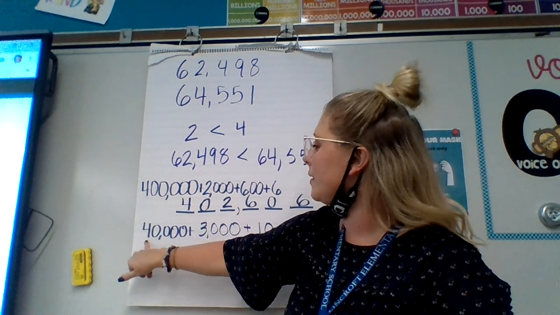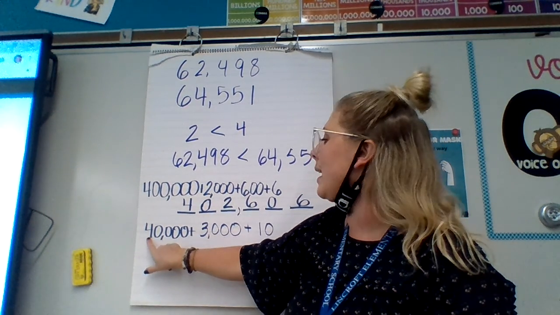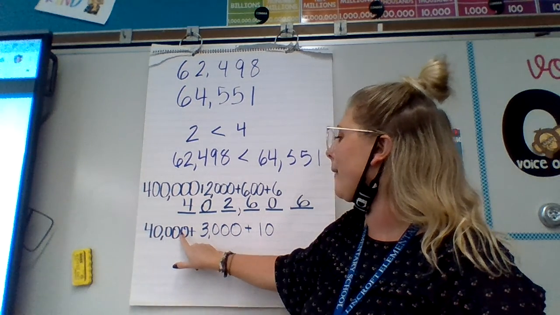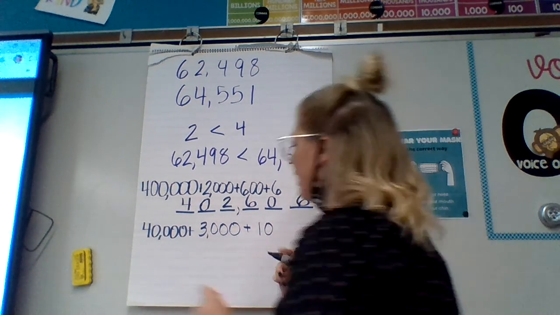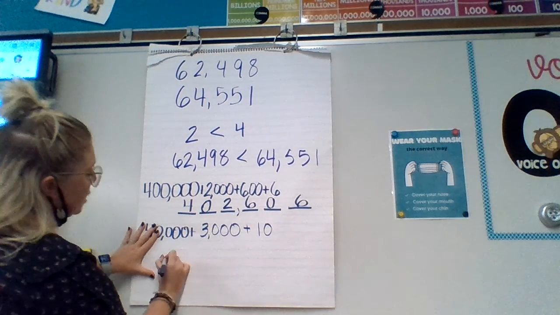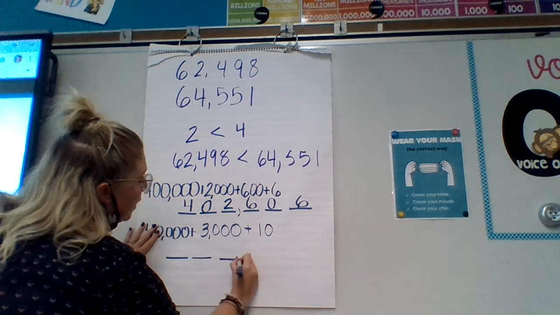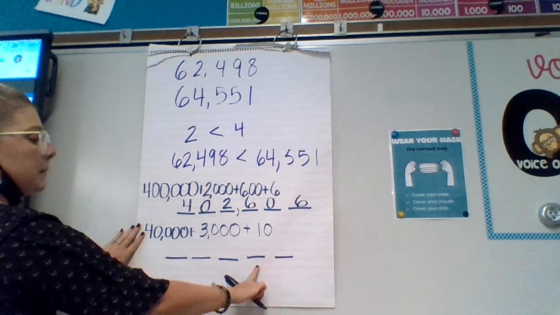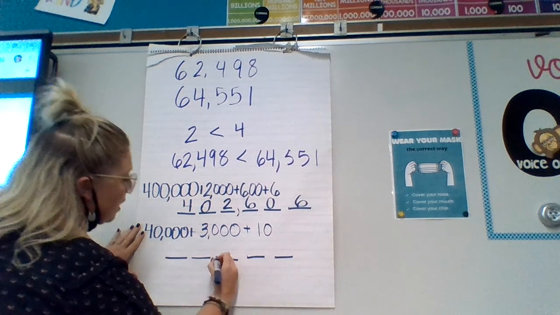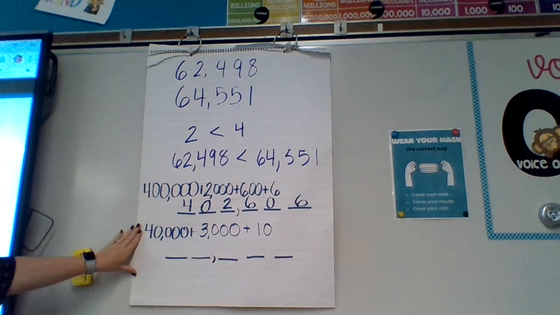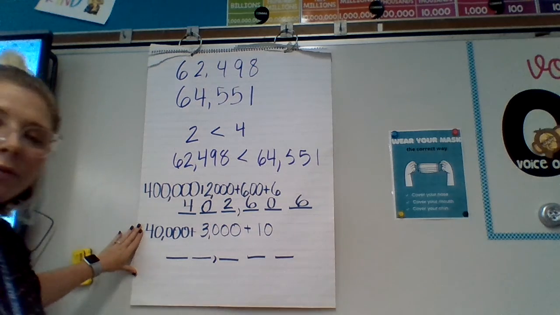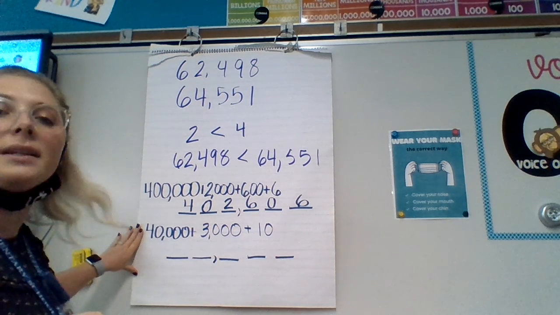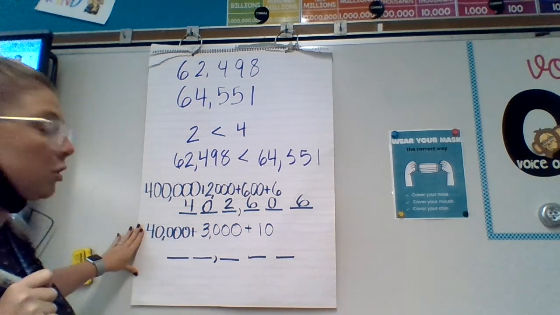I have the 10,000s place, so that means I have 5 digits, 5 spaces that I'm going to write this: 1, 2, 3, 4, 5. I have my ones place, my tens place, my hundreds, thousands. Make sure you're writing this with me. Pause and make sure you write this in your notebook.